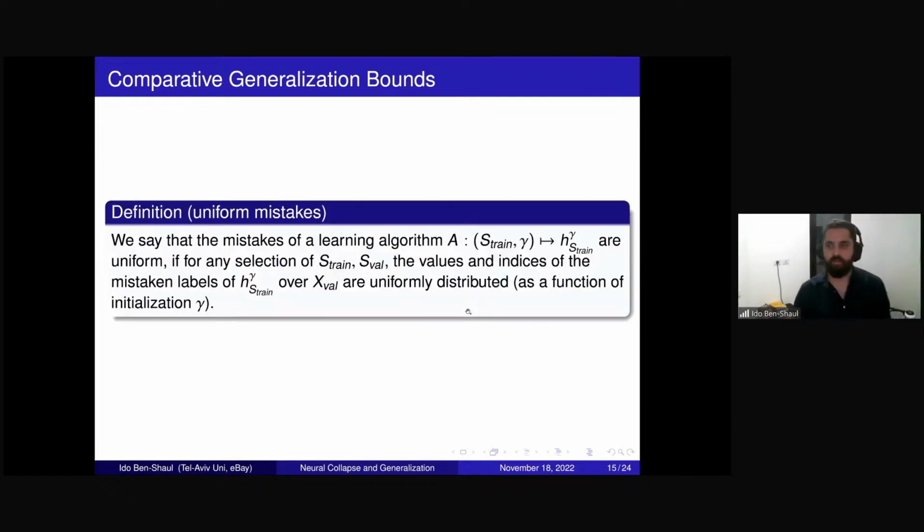And we're going to need one more thing for our bound, and this is something we call uniform mistakes. This says that the learning algorithm, on a train and validation set, makes mistakes over the validation set uniformly. So both the values of the mistakes and where it makes the mistakes are distributed uniformly.